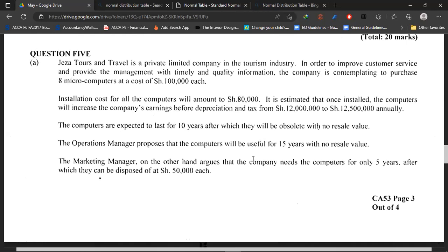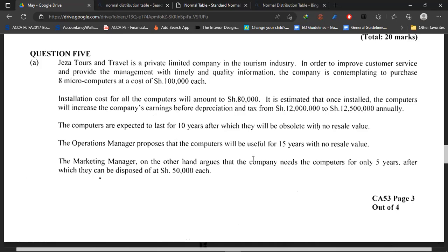Jessa Tours and Travel is a private limited company in the tourism industry. In order to improve customer service and provide the management with timely and quality information, the company is contemplating to purchase 8 microcomputers at a cost of Kenya shillings 100,000 each.